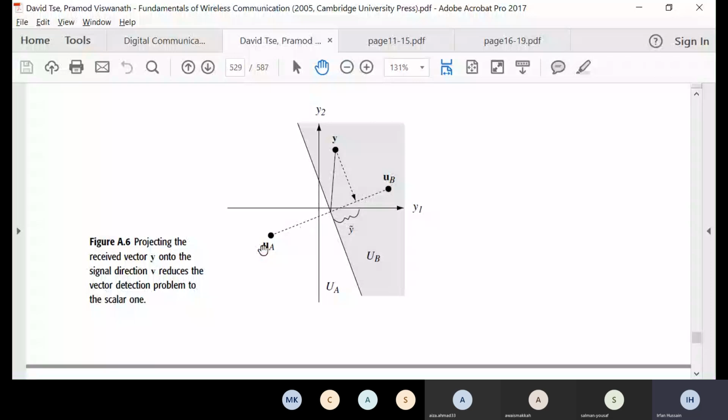If this is R1 and this is R2, then R1 plus R is equal to the R2 position vector. In other words, the R position vector is equal to R2 minus R1. So this vector is actually equal to UB minus UA.